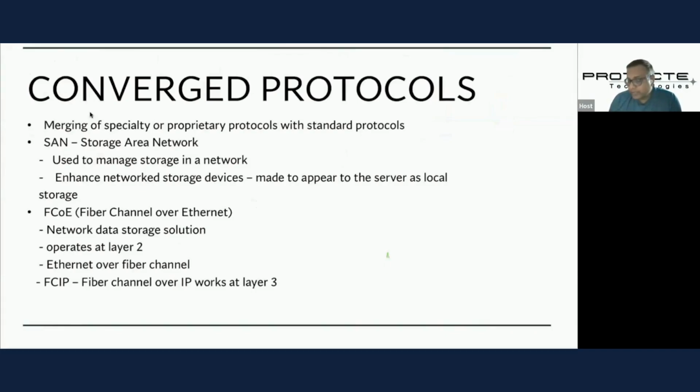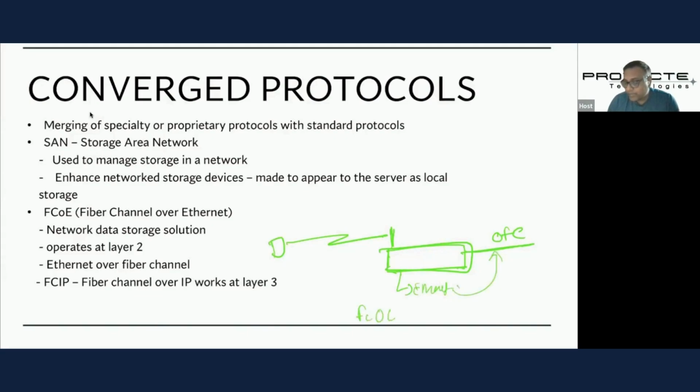Now, if you see in your house, you're using a wireless modem. You are connected to your device on wireless, and the wireless device is connected on an optical fiber cable. So how is it happening? This is Ethernet working on a fiber channel, and that's called FCoE, Fiber Channel over Ethernet.